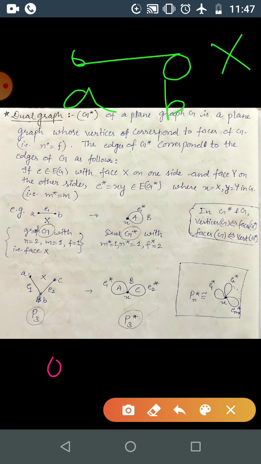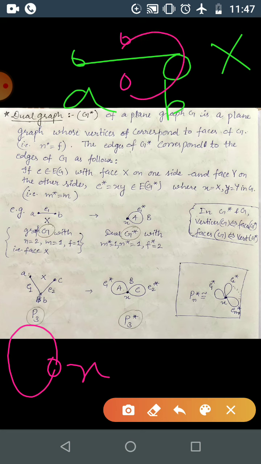So small x I am just taking, and this edge has X as the face on both sides. Correct? So it will be an edge, or you can just say it will become a loop. An edge which starts from X and ends at X, that will become a loop.